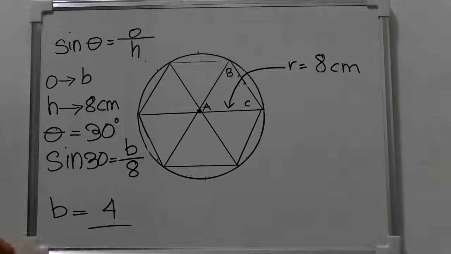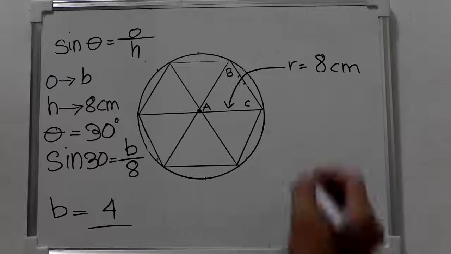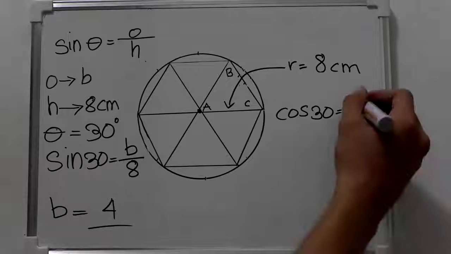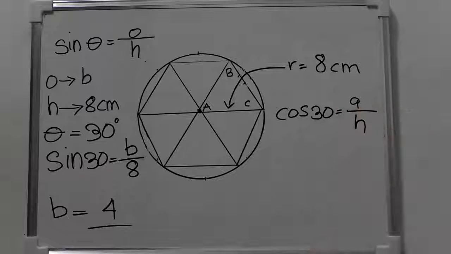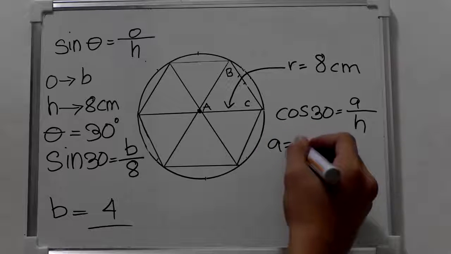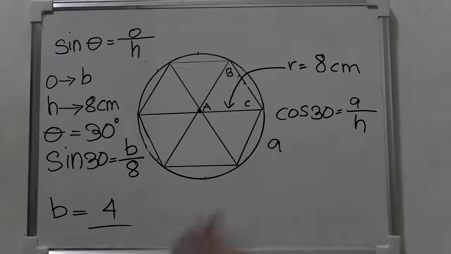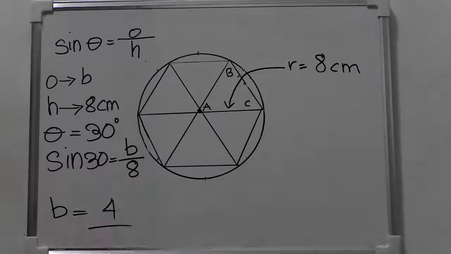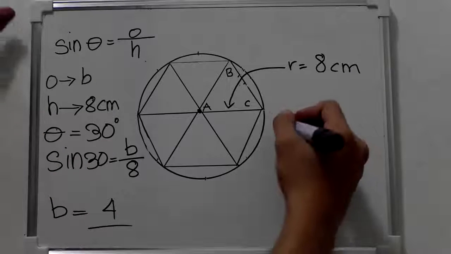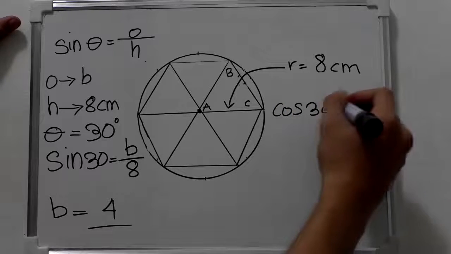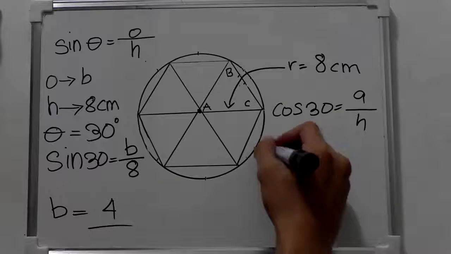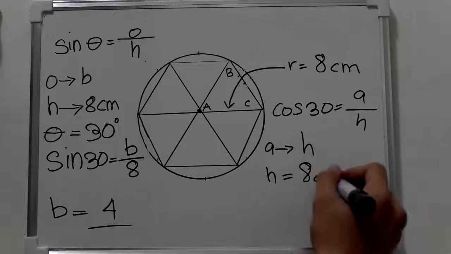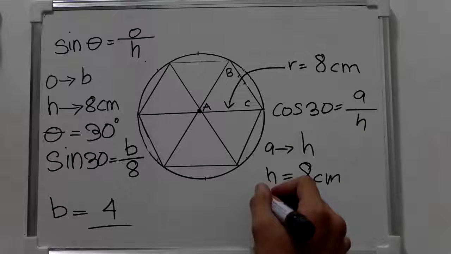We will now solve for our h. Don't be confused with the hypotenuse. We will use cosine 30 is equal to adjacent over hypotenuse. Our adjacent is our h, and our hypotenuse is 8 cm.